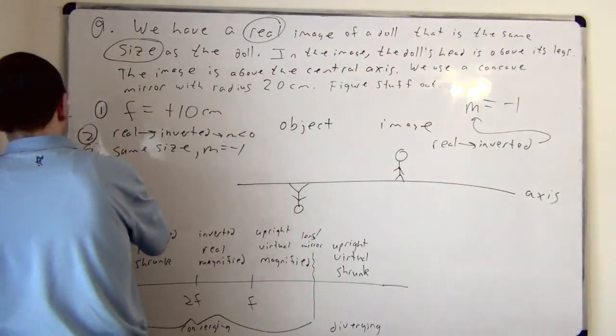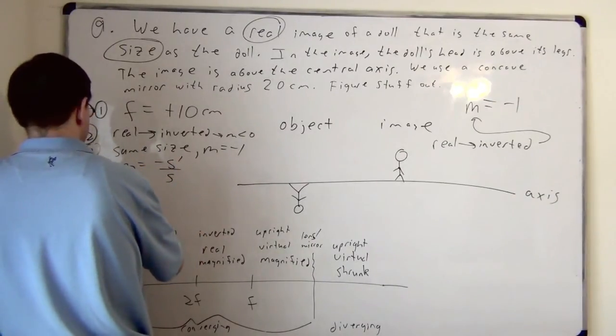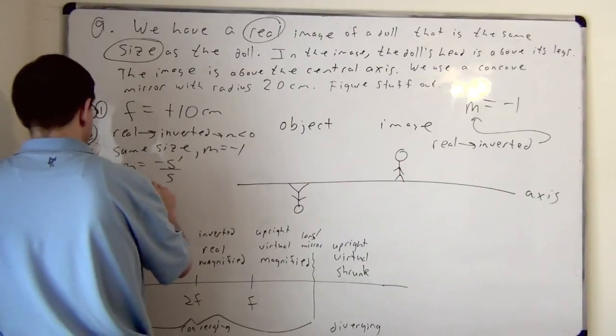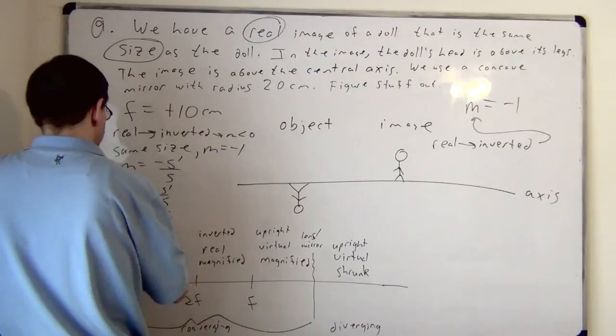So now, step 4, we said m is negative s prime over s. So negative 1 was equal to negative s prime over s. So that told us that s prime equaled s.